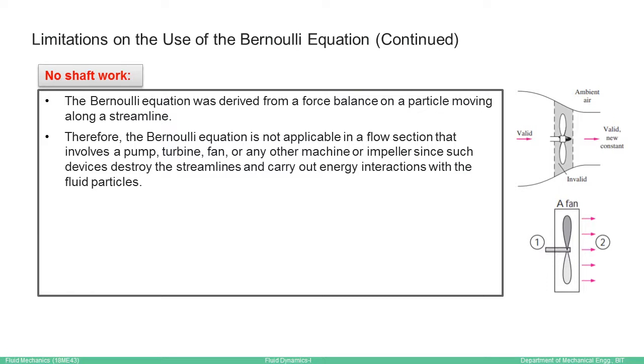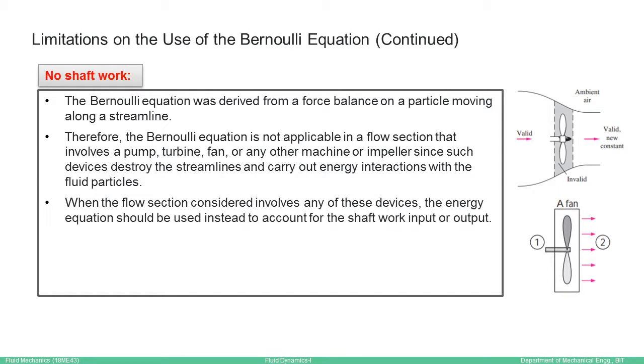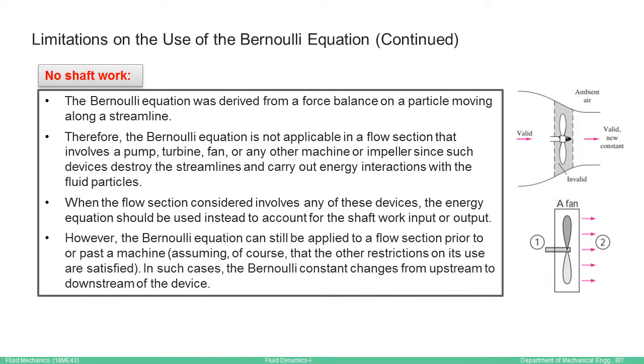But once it crosses the fan blades, this section cannot be applied with Bernoulli's equation, because there is shaft work added here. It can be shaft work input or output: input in the case of fans and output in the case of turbines. However, this can be used prior to the flow machine. That's what I just briefed.